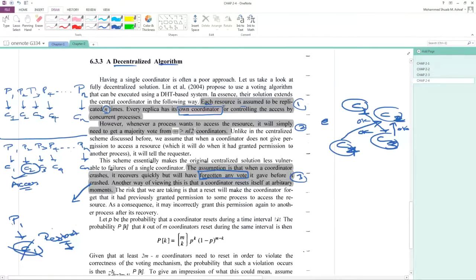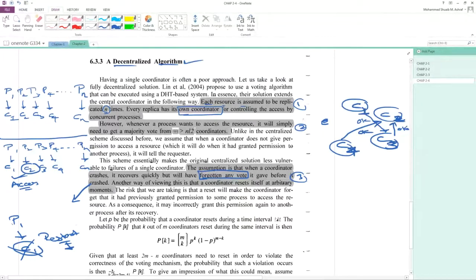Again, when any coordinator fails, that is deleted, you have to restart the system, restart the process. So when you restart the process, the old permission is forgotten. So these are the three points in the decentralized algorithm.